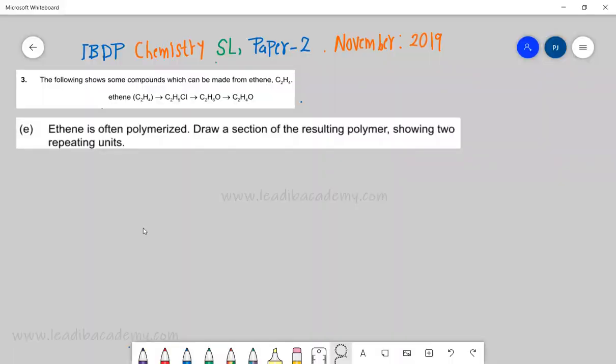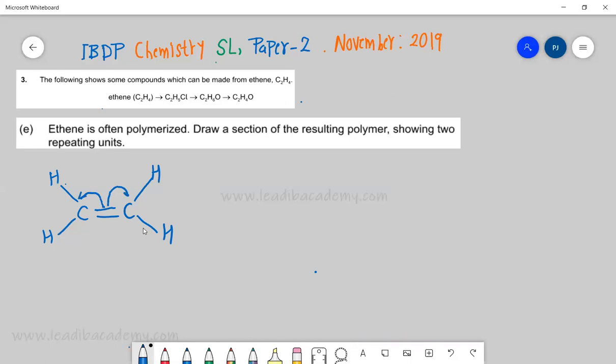Okay, 3E. Ethene is often polymerized. Draw a section of the resulting polymer showing two repeating units. Let's see. So first of all, ethene, double bond. We know very well that this double bond will get opened up.